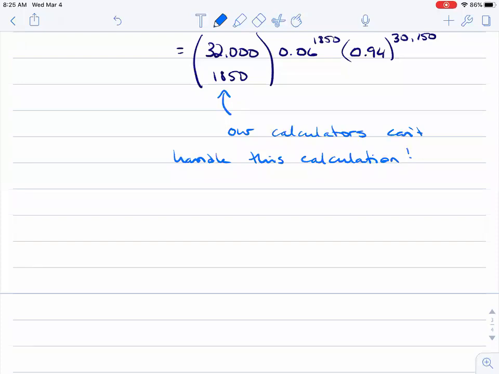I haven't tried it in Excel. It might even be too large for Excel to handle. We'll try it on Friday. Excel, I'll even go out on a limb and say we'll likely be able to handle it.